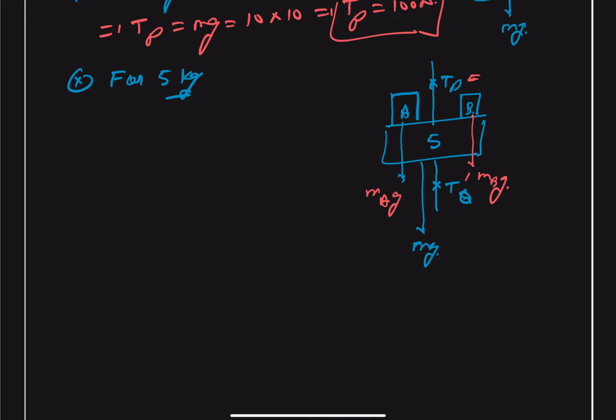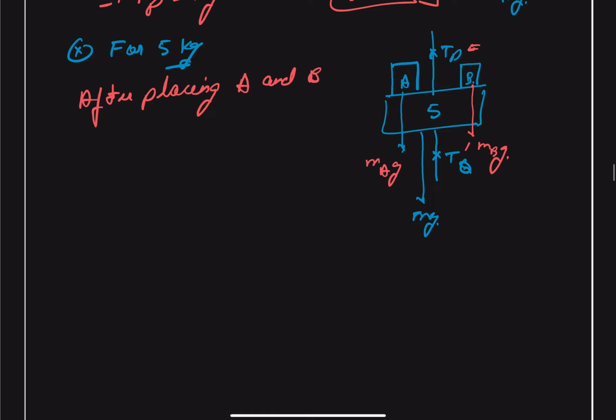So we say for 5 kg, after placing A and B, the system is in equilibrium. So if it is in equilibrium, downward forces will be equal to upward forces.